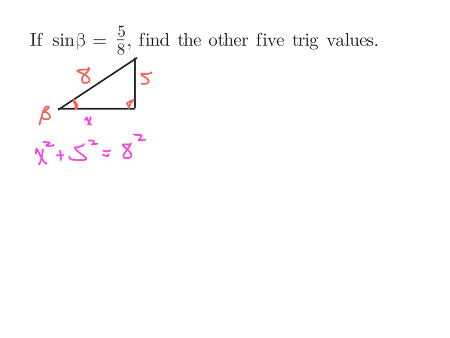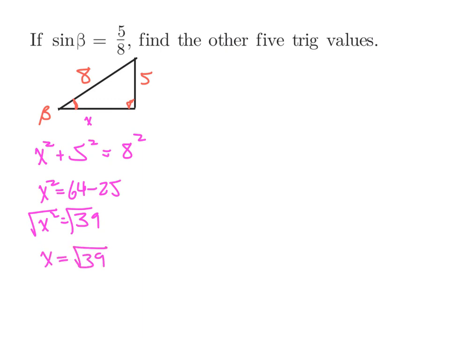When we want to solve this, x squared is going to be 64 minus 25, which is, what, 39? So we take the square root of both sides, and x is going to be the square root of 39. So back in my triangle, I'm going to take this x out and instead put in square root of 39.